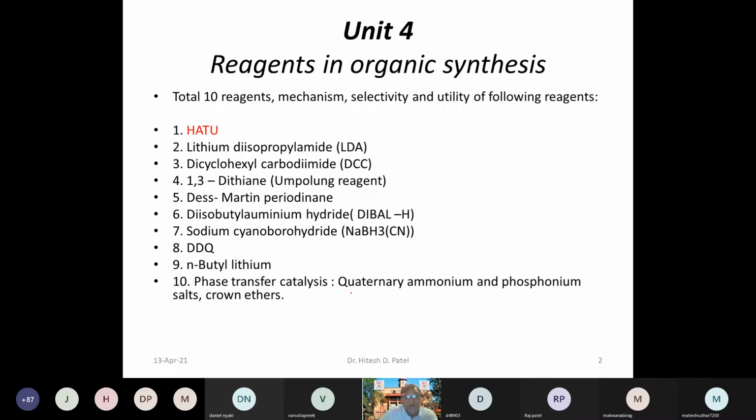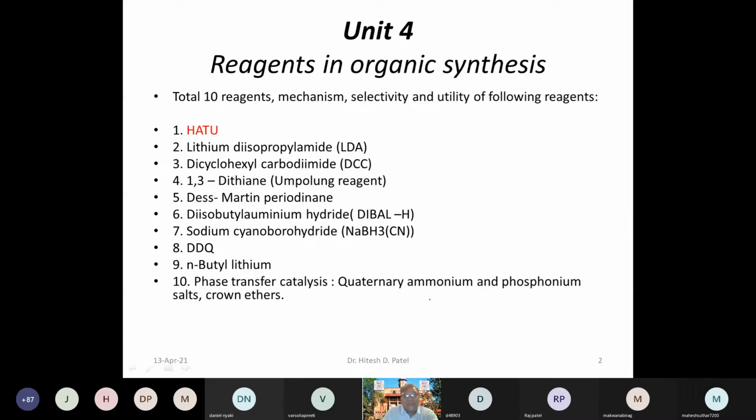Now if you want to carry out the reaction, then the reactant should transfer from the aqueous phase to the organic phase, and that is possible with the support of a phase transfer catalyst. So we will discuss the phase transfer catalyst, and mainly quaternary ammonium salts we can use as phase transfer catalysts, and we can carry out many reactions with their support.